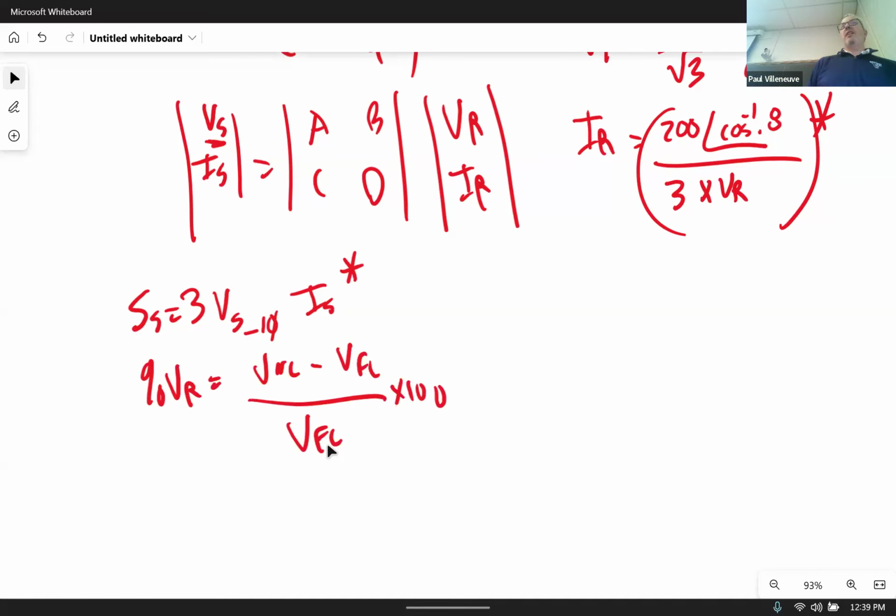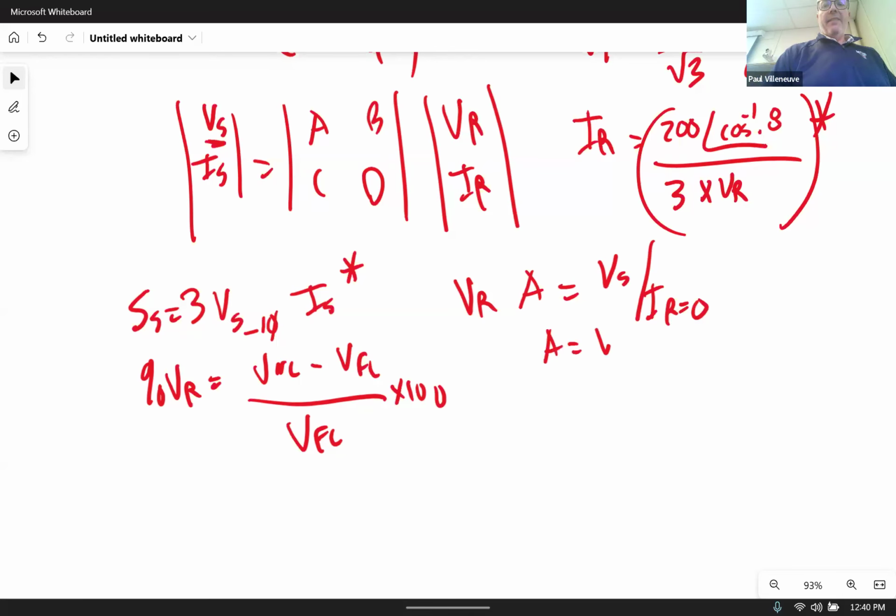Do you all remember the equation that we did for A? Let me back up. A times VR is equal to VS when IR equals 0, right? Under no load conditions. And we solved for it that way.